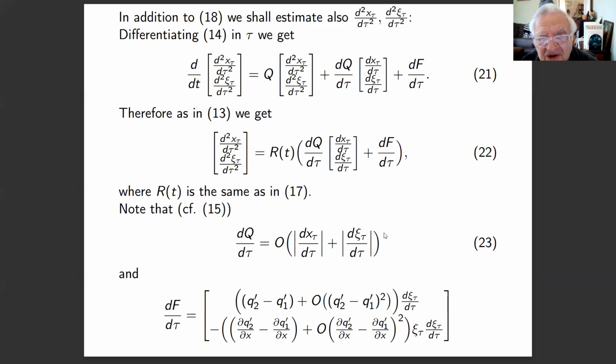And dQ d tau and dF d tau can be estimated. These are the formulas for dQ d tau and dF d tau.